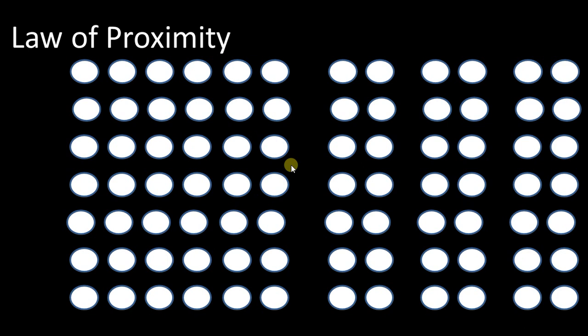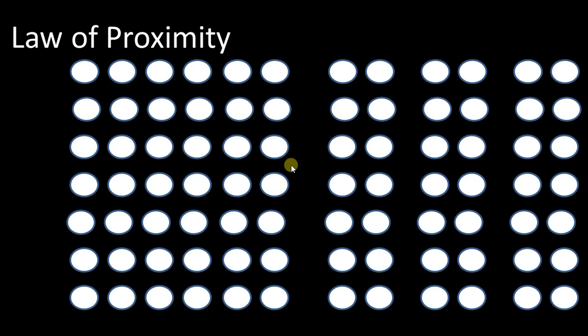We perceive them as 3 rectangles of 2 columns of circles. So we see 4 objects there. First 6 columns of circles are perceived as a single object, as a single rectangle, and the 6 columns of circles at the right side are perceived as 3 different groups, 3 different rectangles.